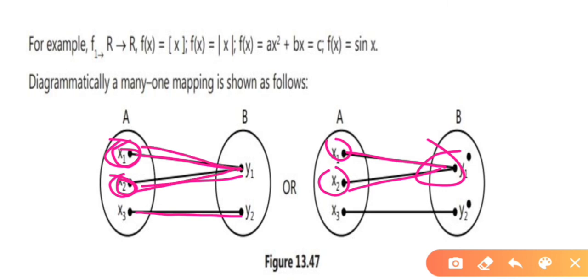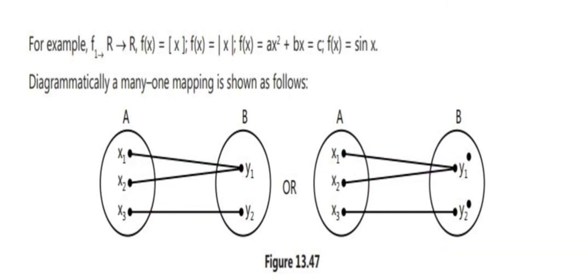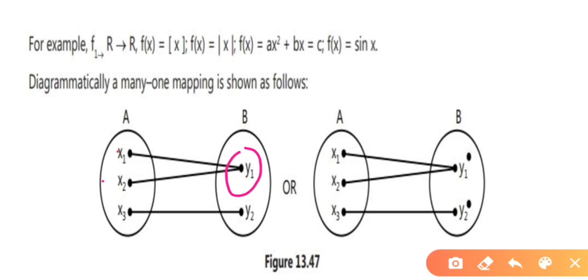Two elements have the same image in set B. Here y1 is the image of x1 and x2, whereas x1 and x2 are pre-images of y1. Got it? This is nothing but one-one function and many-one function.